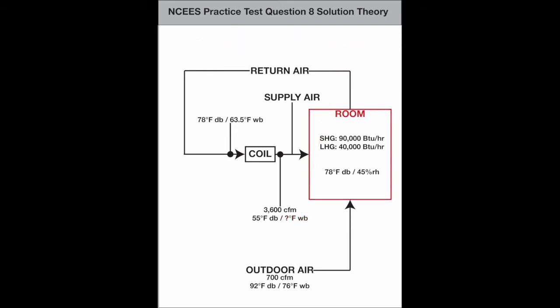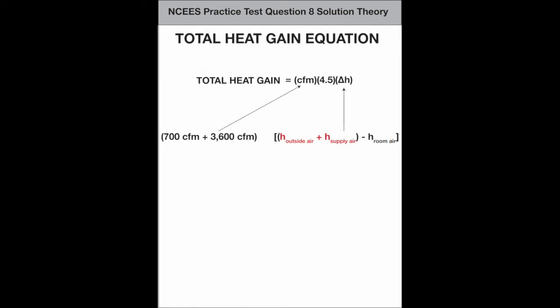Beginning with the room. A mixed air calculation must be done to determine the enthalpy contributed by the two incoming air streams. You can't just add the enthalpies in a total heat gain equation like this. The total heat gain must be attributed to both the air streams combined, so combine the air streams CFM.